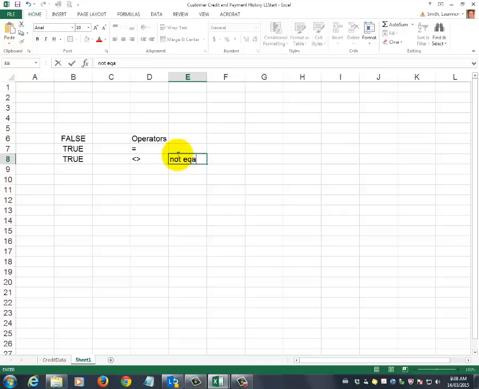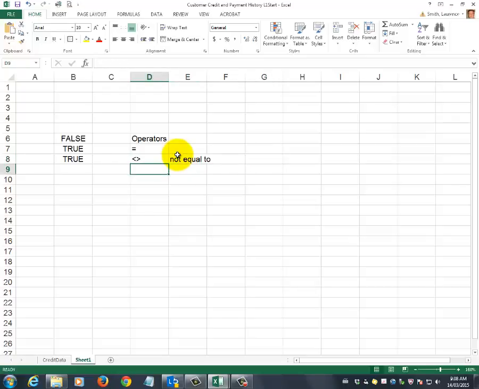So if I go equals 3 not equal to 6, is that a true statement? And the answer is true. If I go equals 3 not equal to 3, what's the answer? False, because it is equal.